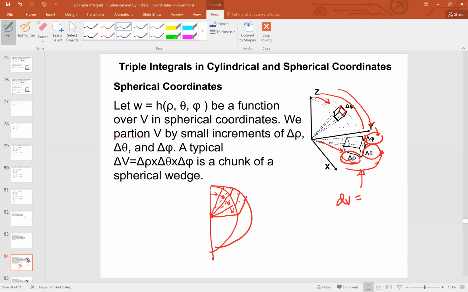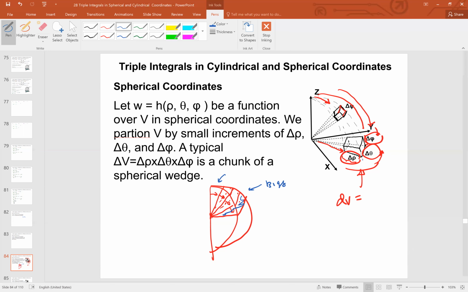And notice the pieces on the bottom are a lot bigger than the pieces on top. The one on top is very small, it's in the corner, a little sliver, but the one on the bottom is like a big slab on the floor.